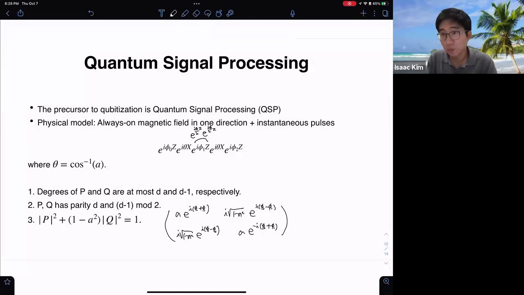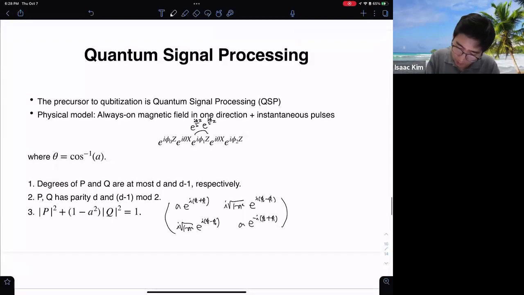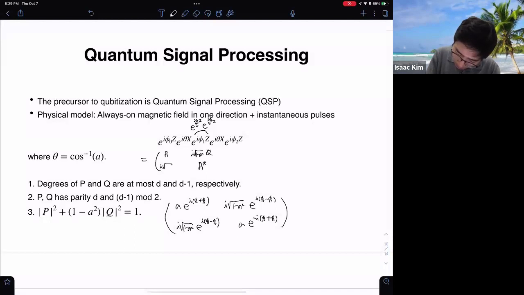Just break it down into a sum of angles. With that, we can express this matrix as P1, P1 star, i square root of 1 minus A squared Q1, i square root of 1 minus A squared Q1.